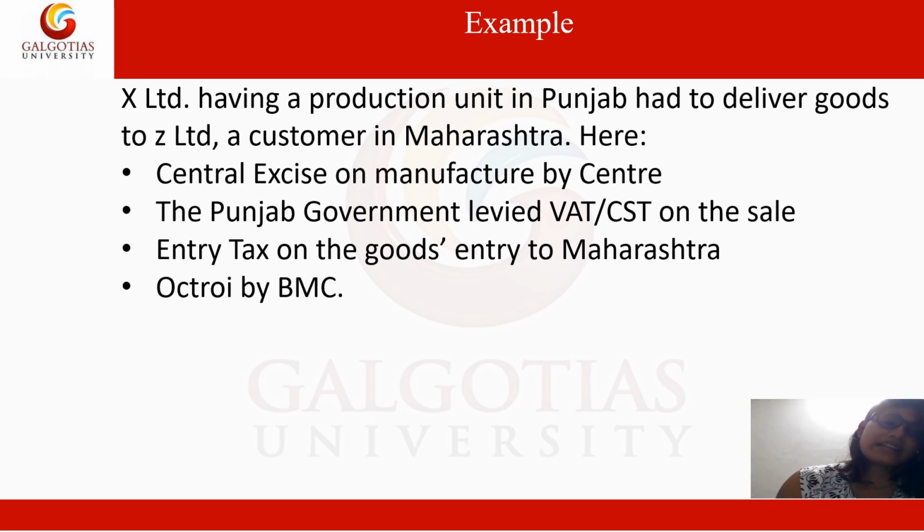And then there were entry taxes, there was octroi, there were other taxes as well. Many of these taxes were subsumed in the GST, and that's how GST is called a comprehensive tax that has subsumed a number of taxes in it.